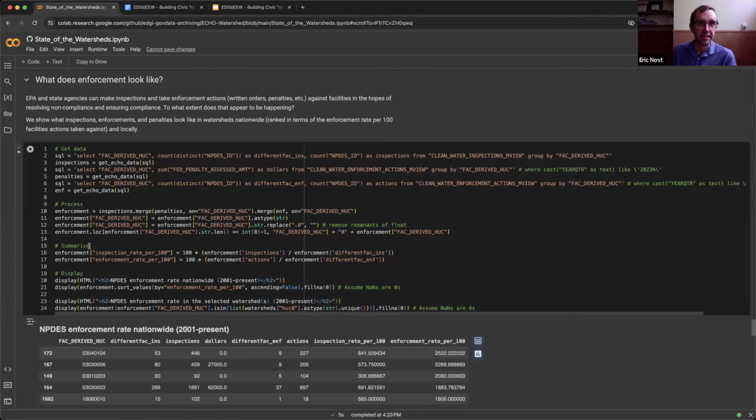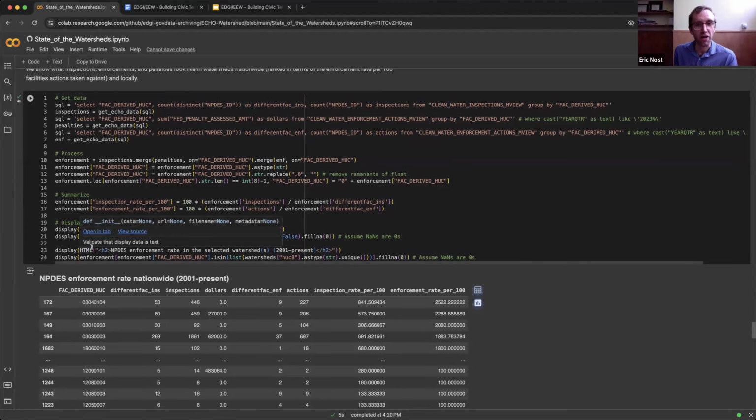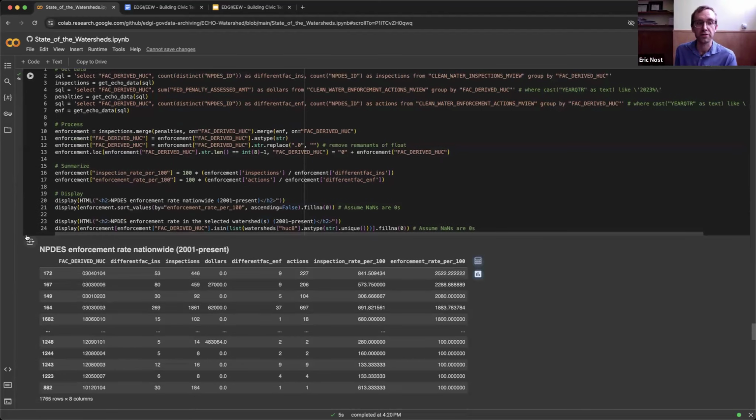Now, of course, state and federal EPA are going to take different enforcement actions against facilities that are in violation and non-compliant. Whether they do so and to what extent they do so is an interesting question.